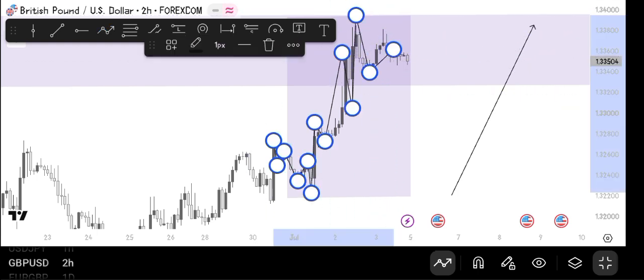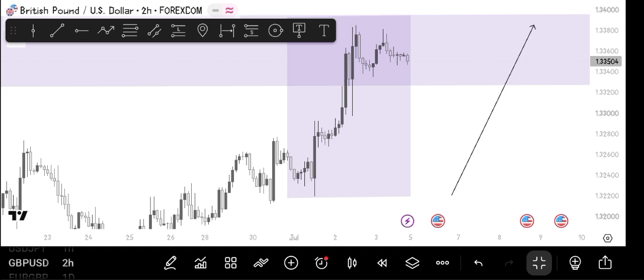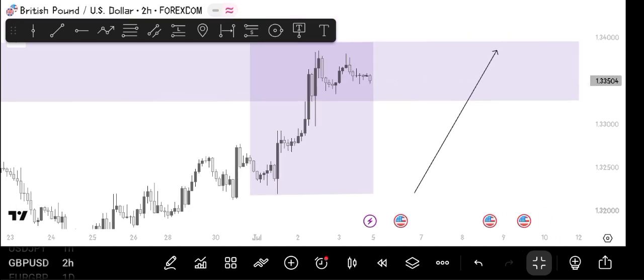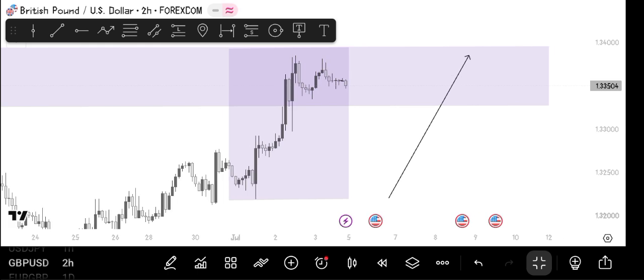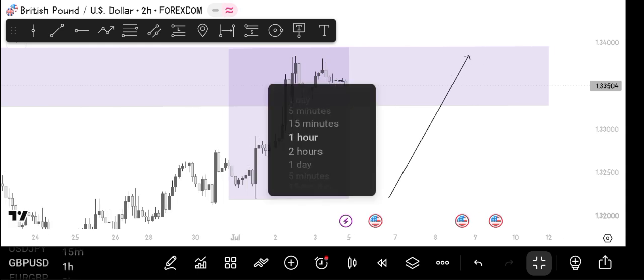That's why I said a straight move on the higher time frame is a trend on the lower time frame, while a trend on the lower time frame is a move on the higher time frame.